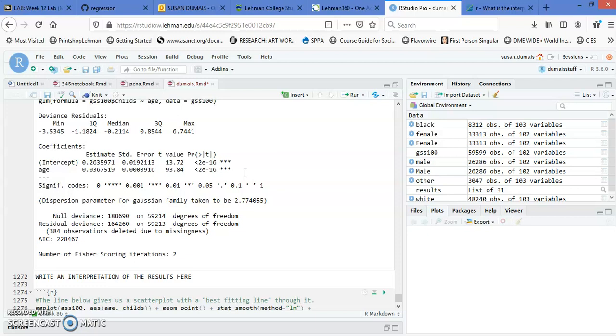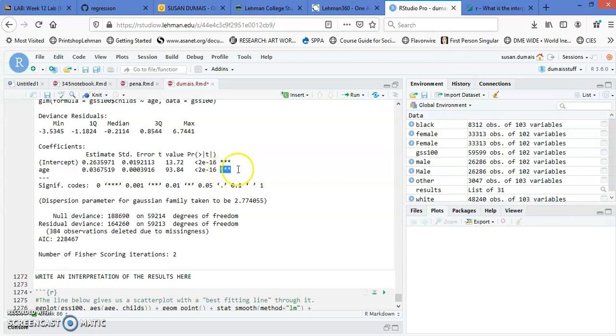The other thing, if you get confused when you see this less than 2e to the negative 16, is look at the stars over here. The stars tell you the level of significance, and so we are typically interested in having a p-value of 0.05 or smaller, which corresponds to 95% confidence.